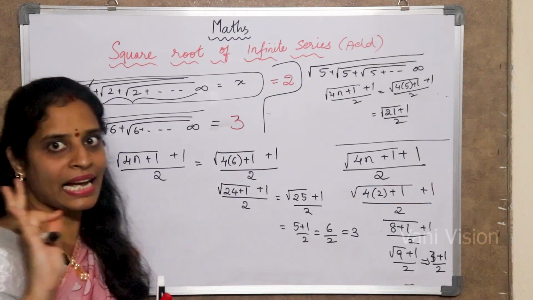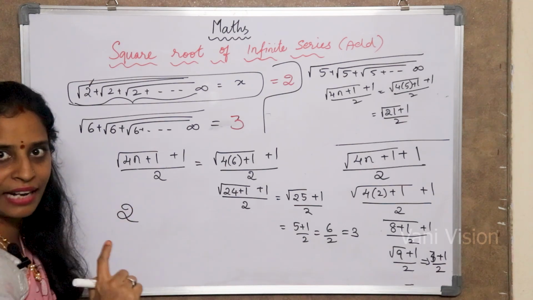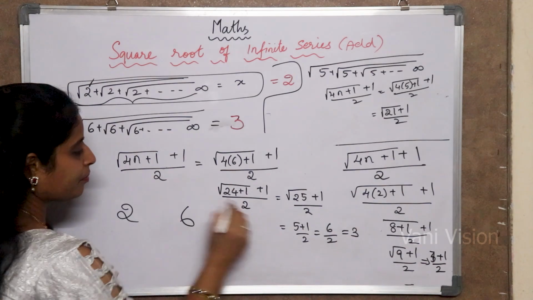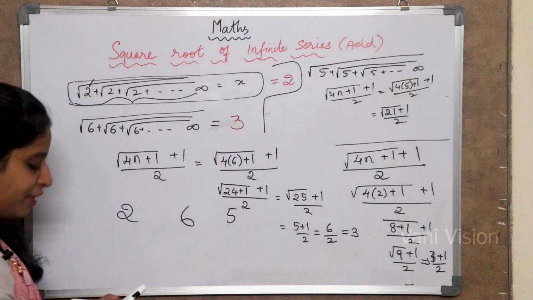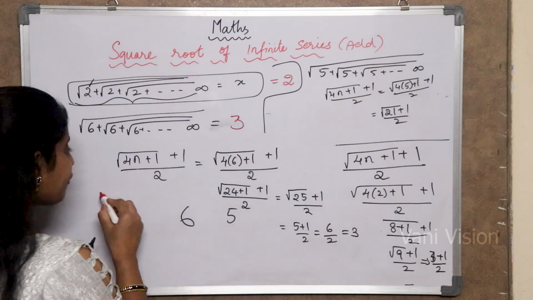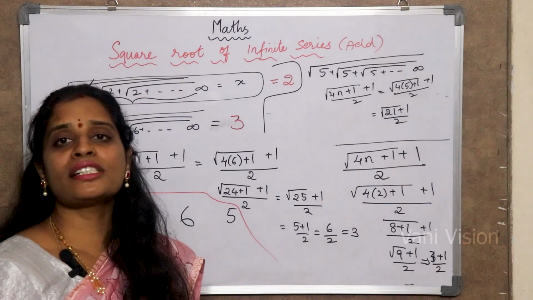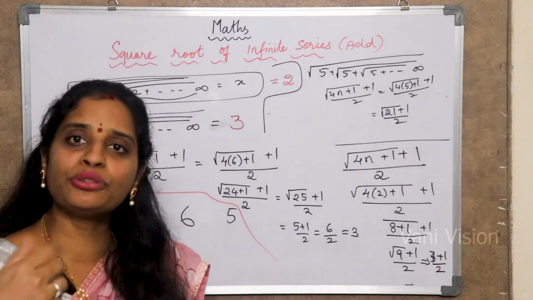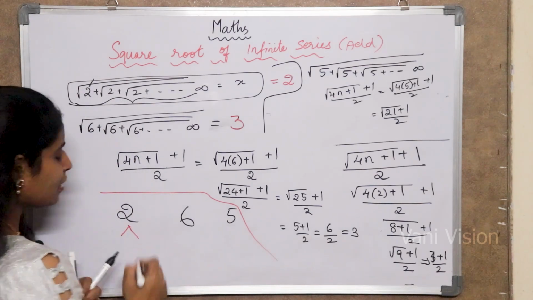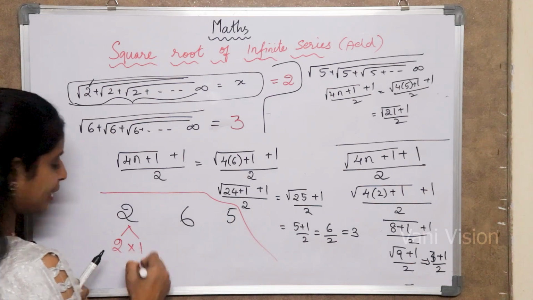So 3 examples I have explained, right? One is 2, see carefully. The another one is 6, then the other one is 5. So we can more easily say the answer if a number is a consecutive product of any 2 other numbers. 2 is a consecutive product like 2 into 1.